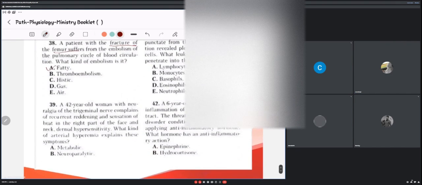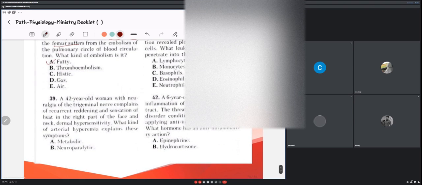A 42-year-old man with neuralgia of the trigeminal nerve complains of recurrent reddening and sensation of heat in the right part of the face. So there's neuralgia. Neuralgia is just pain on the nerve, and that pain will be manifested on the area that nerve is supplying. Trigeminal nerve is the nerve supplying the face: the ophthalmic, the maxilla and the jaw.